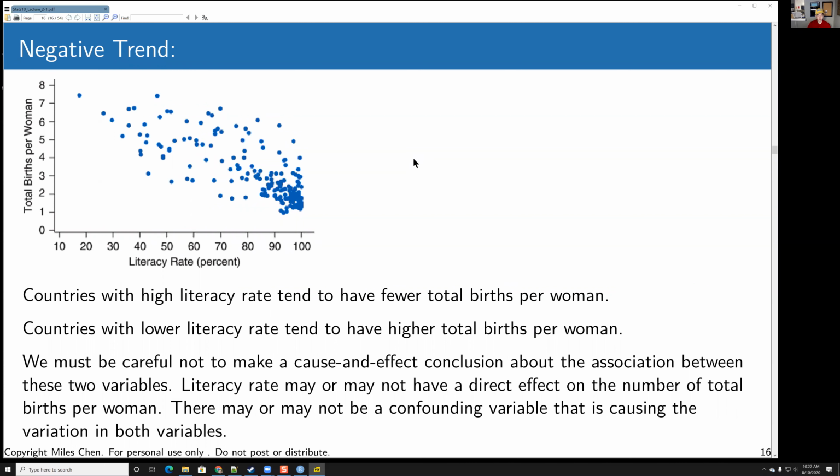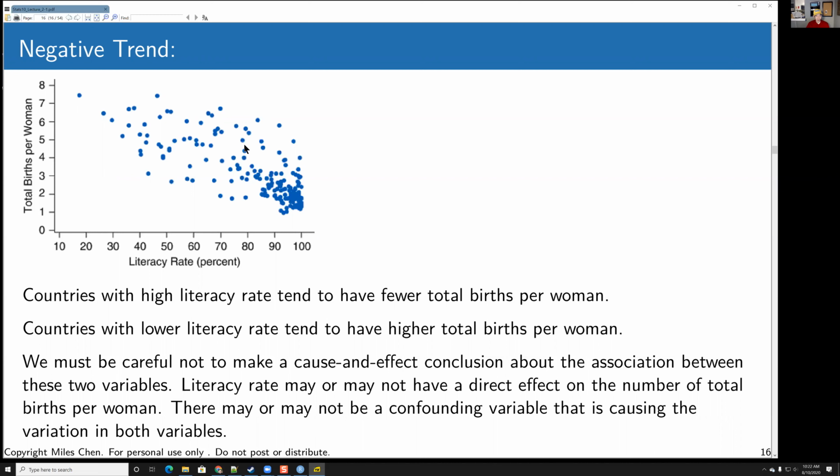Here is a negative trend. A negative trend means that large x goes with small y and small x goes with large y. Each dot here represents a different country, and I think this is also measured over time, at different points in time.